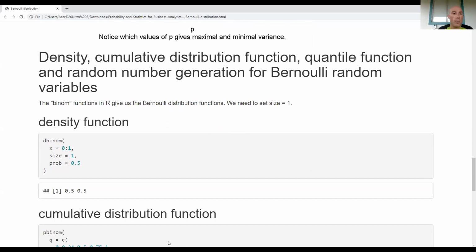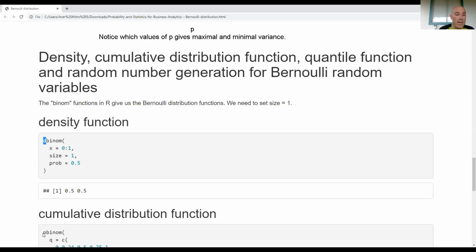All right, so here, if I want Bernoulli distribution, I'm going to grab the binomial function, and I'm going to set size equals to 1. And that's going to be true for everything that we do for the remainder of this video. If I put D in front of binom, I'm saying, hey, I want the density of the binomial distribution.